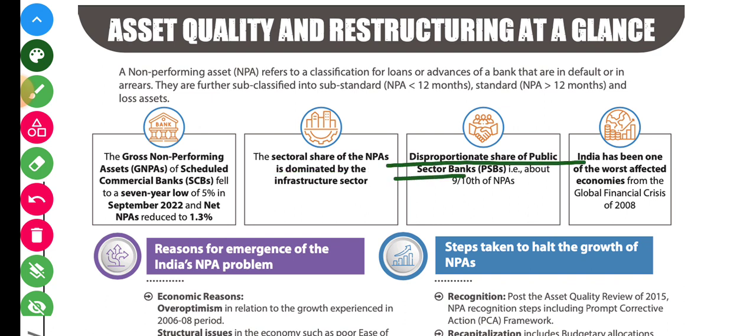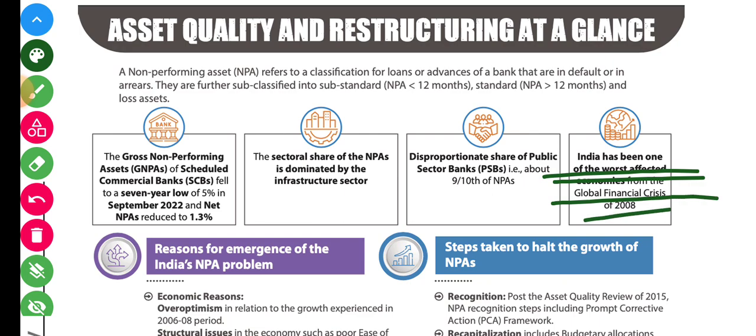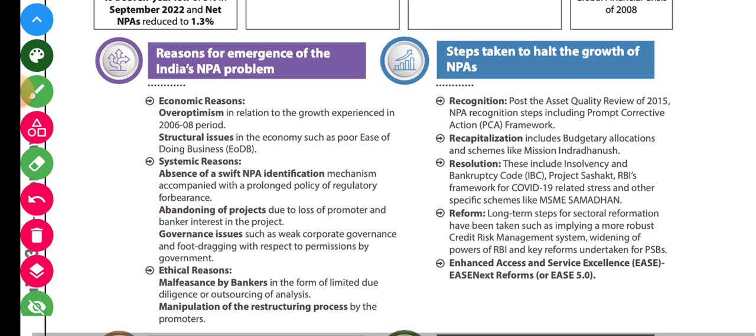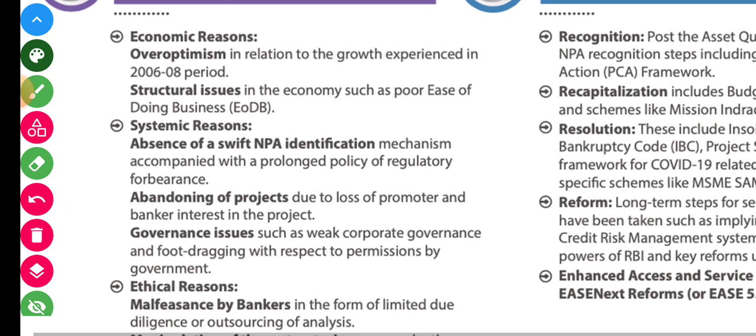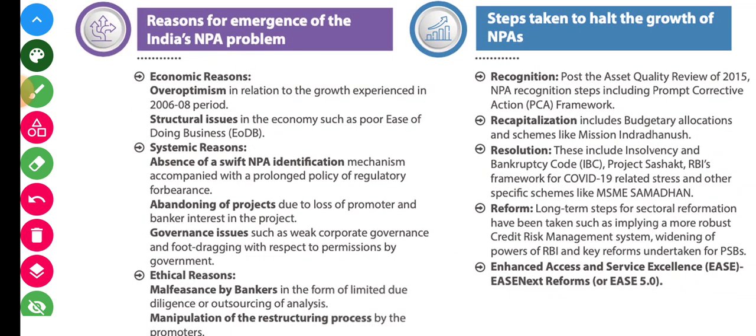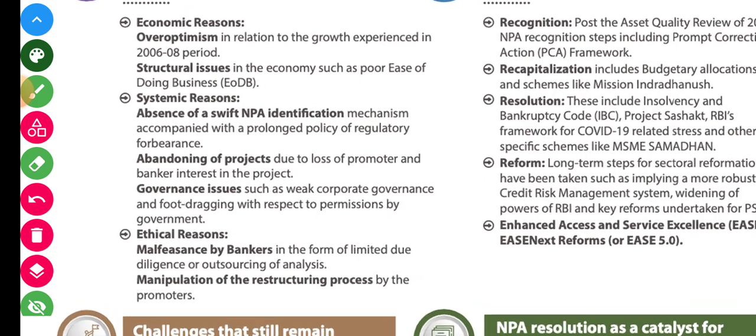There is a disproportionate share of public sector banks, about 9/10 of the non-performing assets. India has been one of the worst affected economies from the global financial crisis of 2008. So keep this in mind. What are the reasons for the emergence of India's non-performing assets problem?